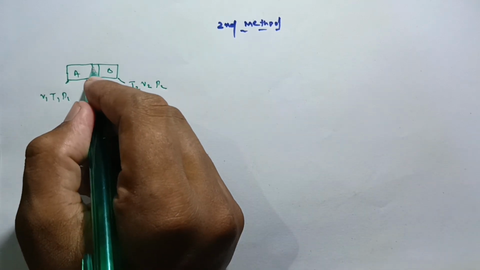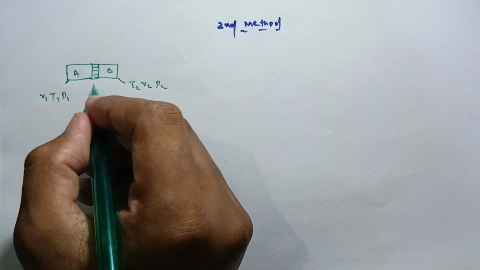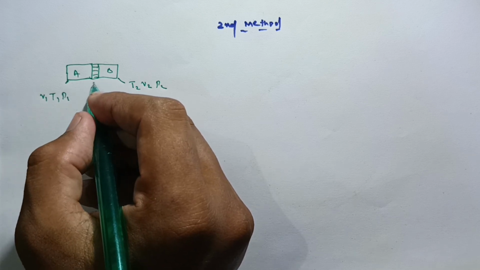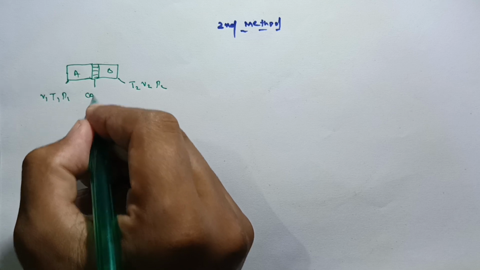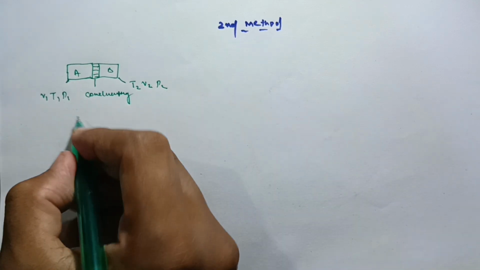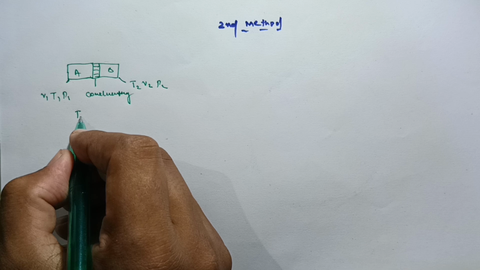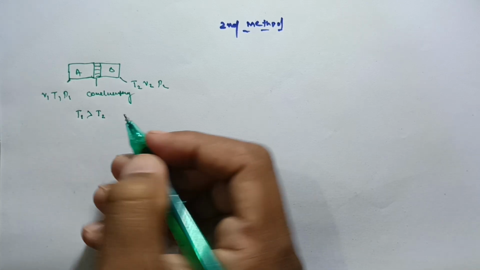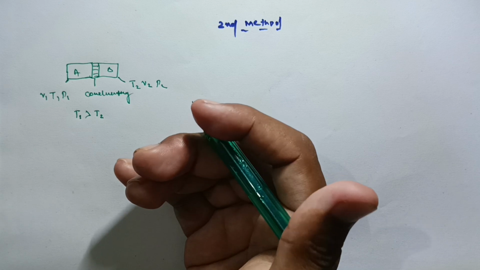There is a conducting wall between these two systems. If temperature T1 is greater than temperature T2, then what will happen?